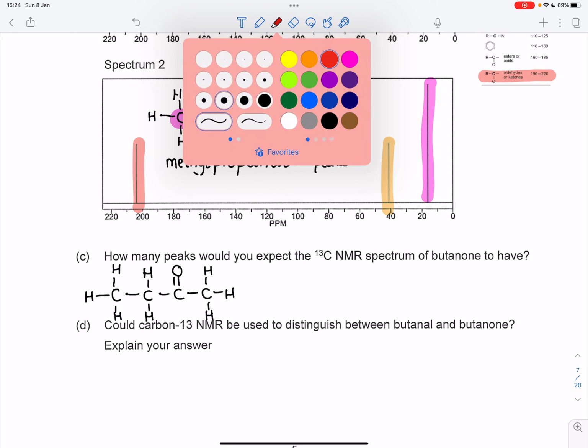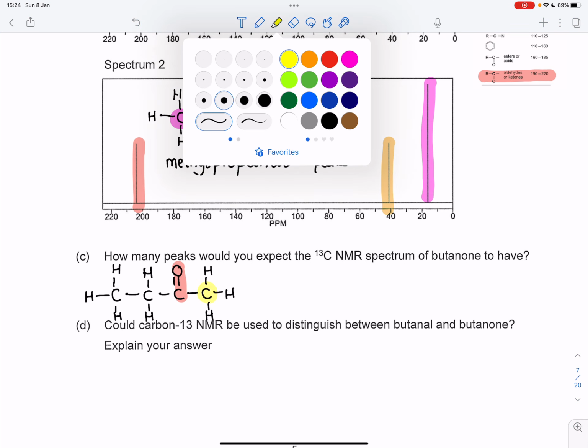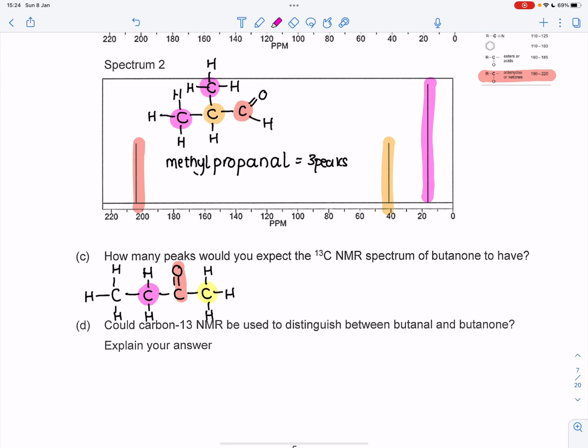What we do know is that we've got an aldehyde or ketone carbon, 190 to 220, and then we've got 1, 2, 3 other types of carbon. So in total we've got 4 peaks because all 4 carbons are different.